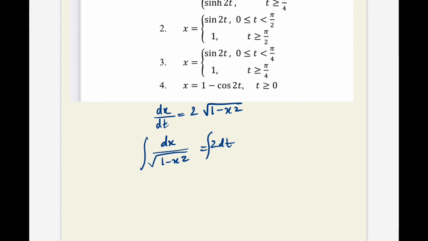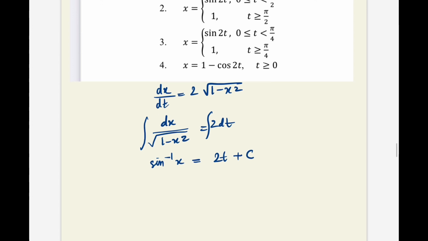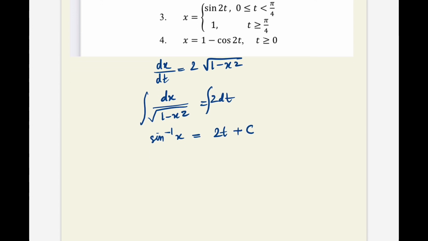Integrating on both sides, we get sin inverse x equals 2t plus c. So x equals sin(2t plus c), where c is a constant of integration.